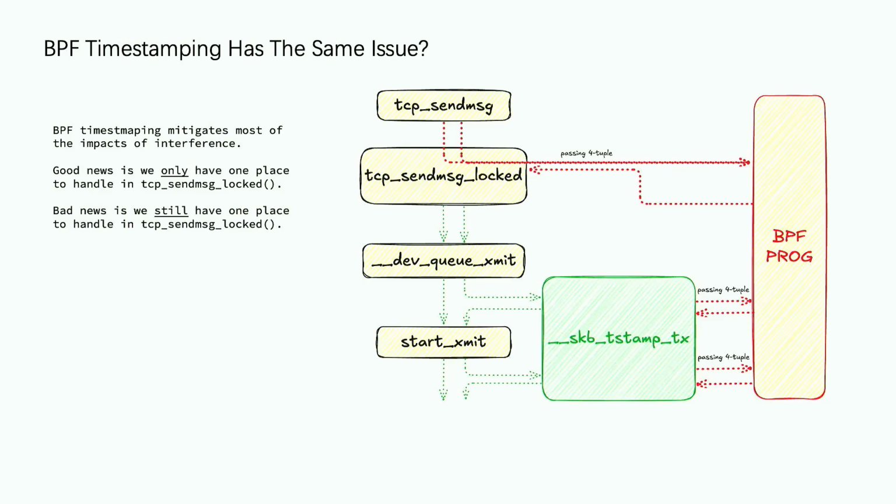It means the rest of the normal flows will not go into the green box, so they will not be impacted by the BPF program. But there remains one place in the TCP send message locked function, where I truly use the fentry to hook this. So I'm going to fix that.